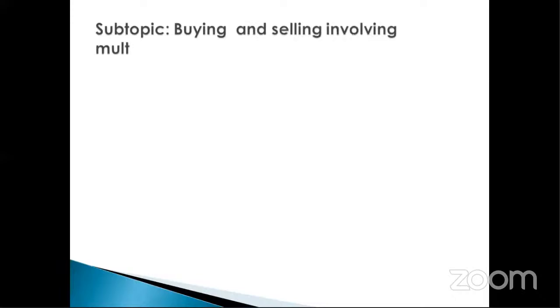So it is going to be very interesting for us. Last time in the lesson, we were subtracting. Whatever we have spent, we subtract from what we had before. So today we are going to look at buying and selling involving multiplication.